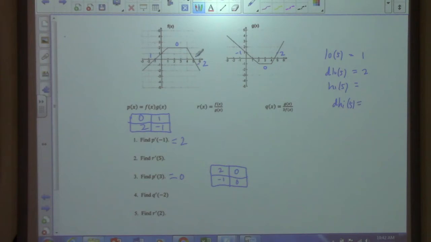Now we go over here for 5, we get f of 5, looks like 0, right? And then we get -2.